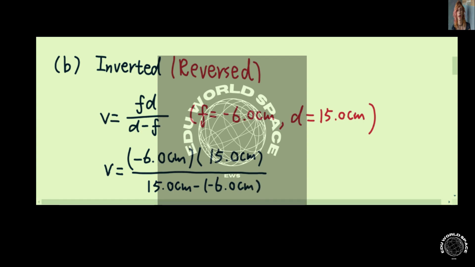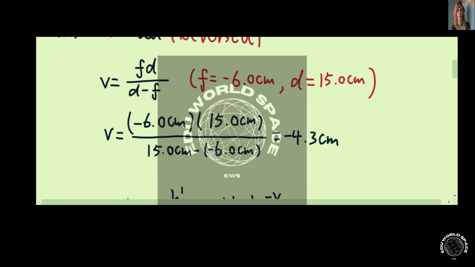And this will give us the image distance of about negative 4.3 centimeter. Since it's negative, that means the image is at the right of the vertex.